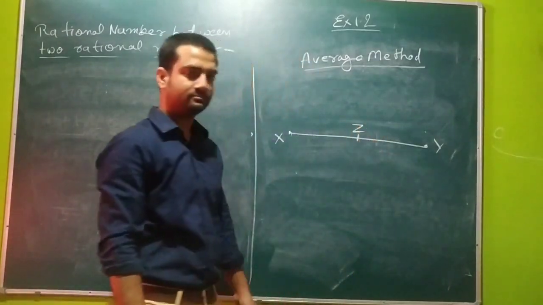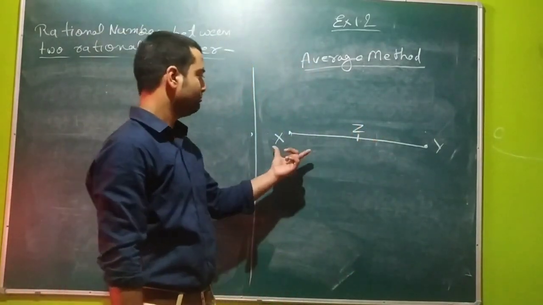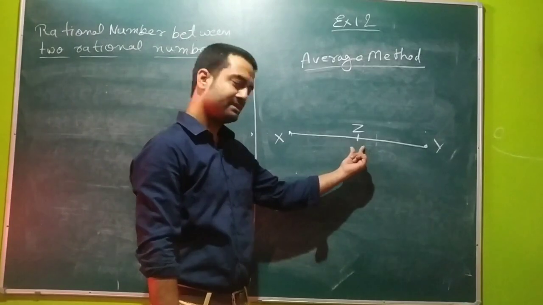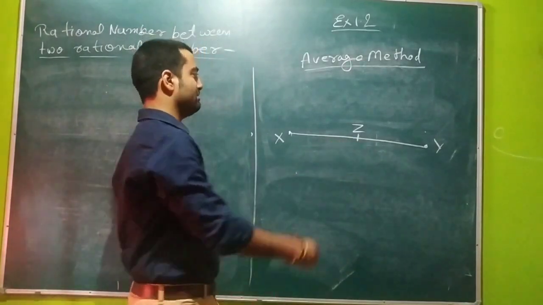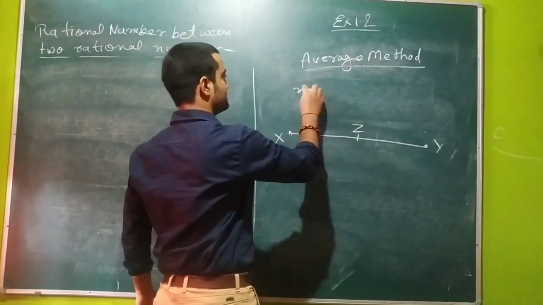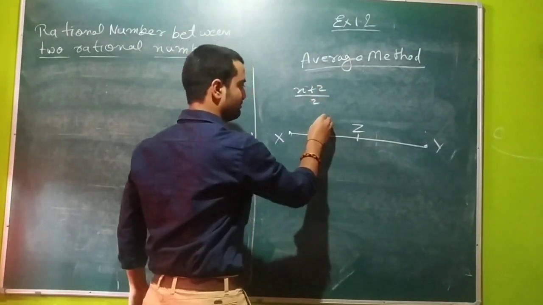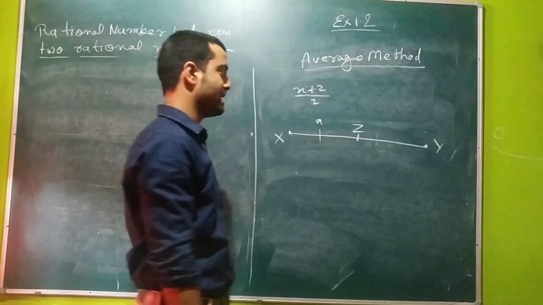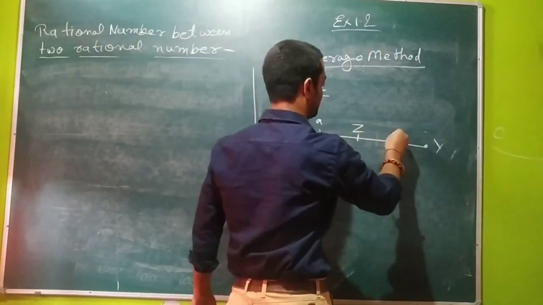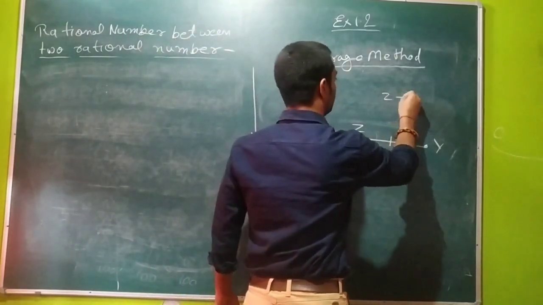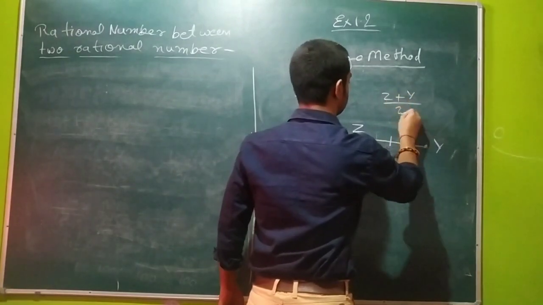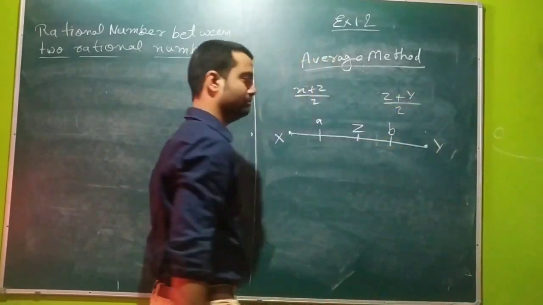z. Now, the number between x and z, by finding the average, x plus z by 2, suppose results in a, and the number between z and y, with the same method, that is z plus y by 2, results in number b.